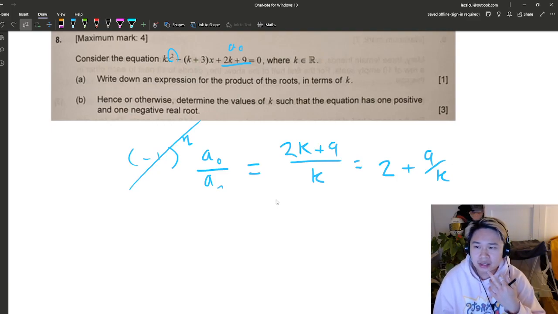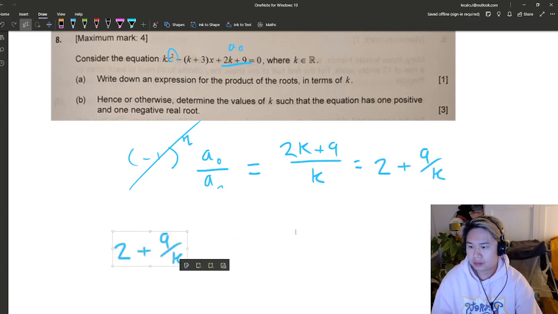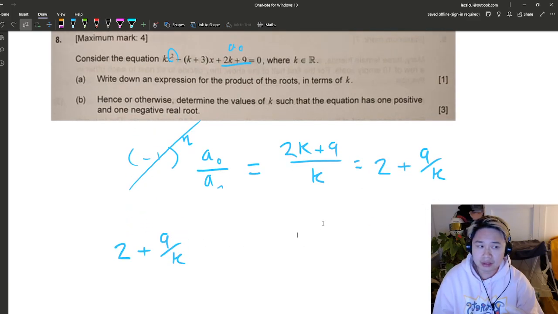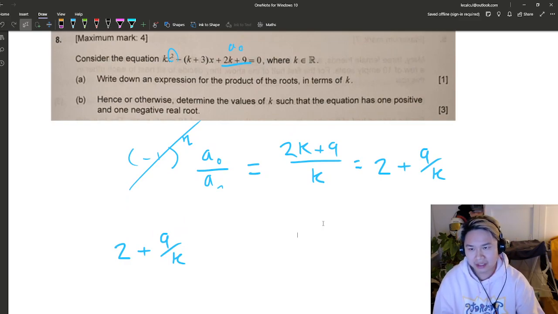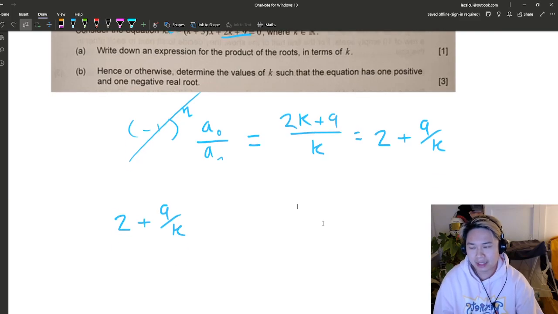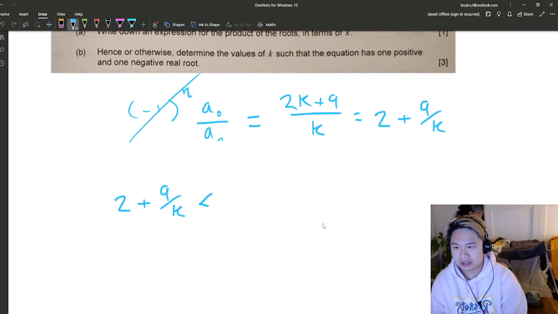Okay, hence or otherwise, determine the values of k such that the equation has 1 positive and 1 negative real root. Okay, so if we know that this is their product, which means that you're multiplying them together. And if you're going to multiply a positive and a negative together, it's going to become a negative. So this means that this is negative.